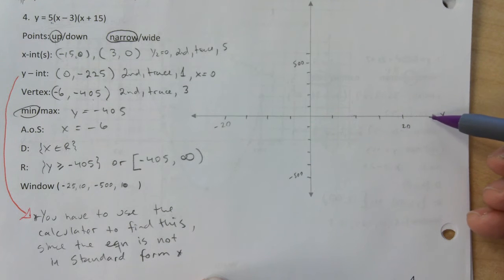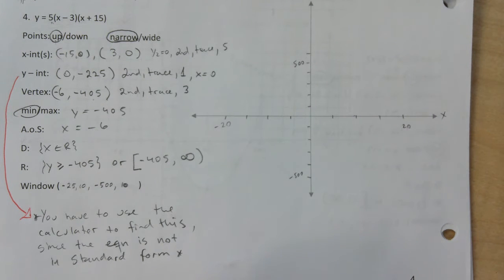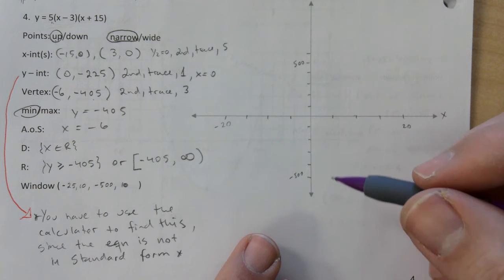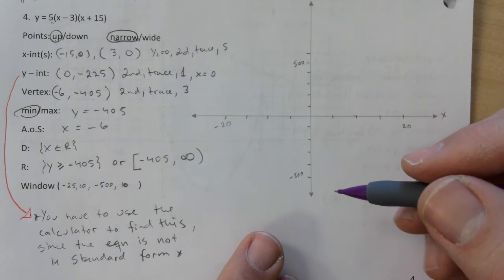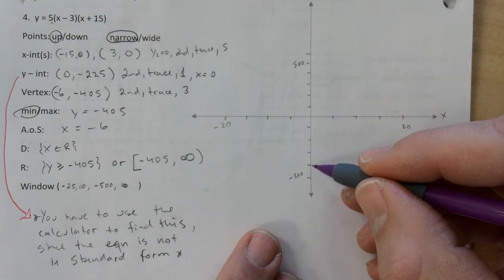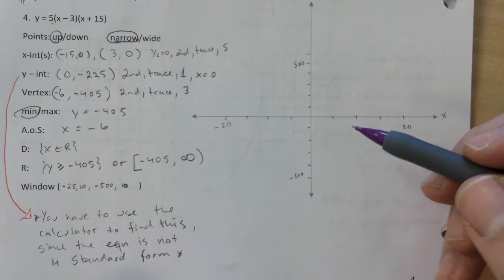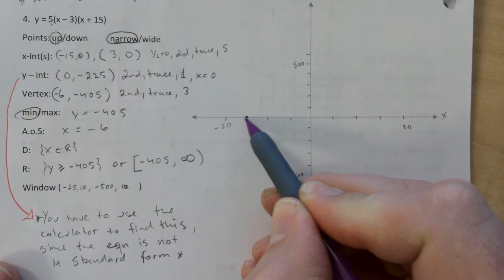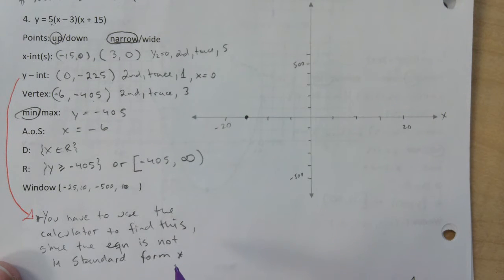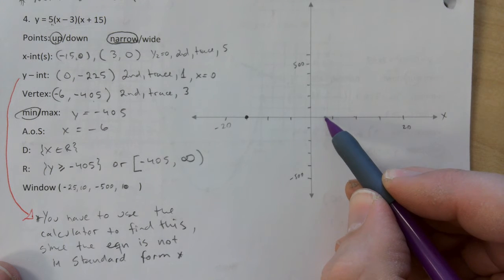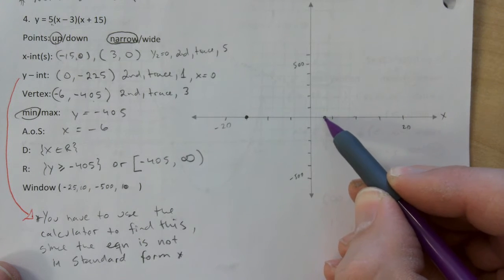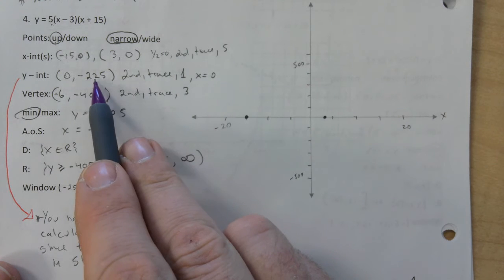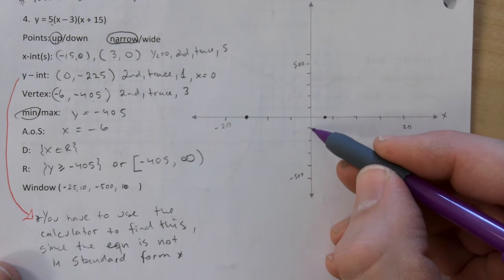My answer key might be different. As I said, there's no one right way of graphing because the scale could be different from one student to the other. As long as it's consistent, that's all I need. So the x-intercepts, negative 15 and 3, 0, so that'd be right about there. The y-intercept is at 0, negative 225.